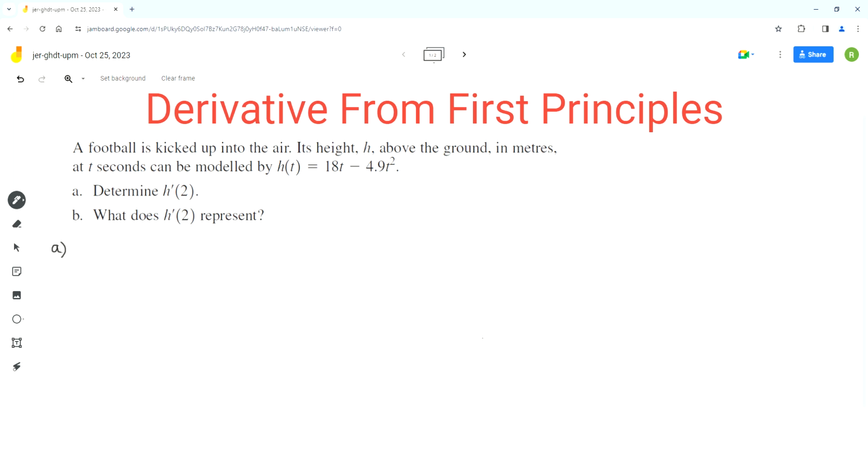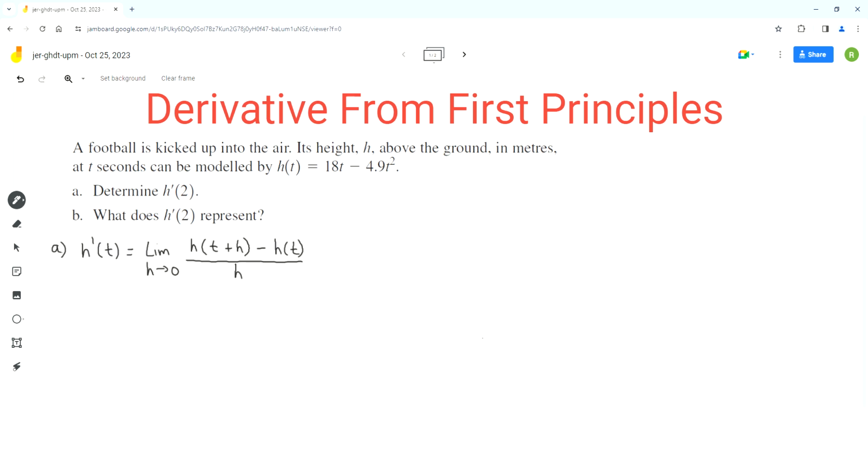Since we are given the function h(t), the derivative is h'(t) equals the limit as h approaches 0 of h(t + h) minus h(t) over h.